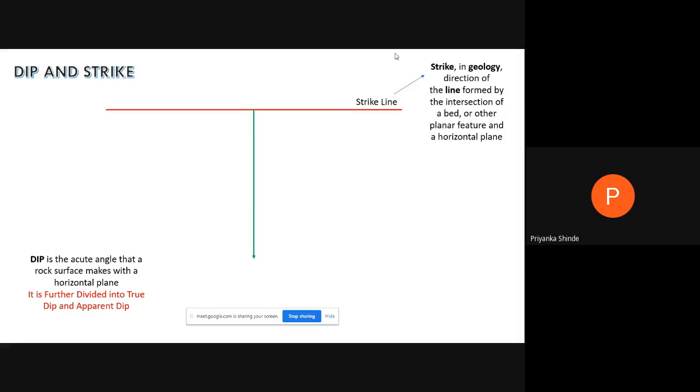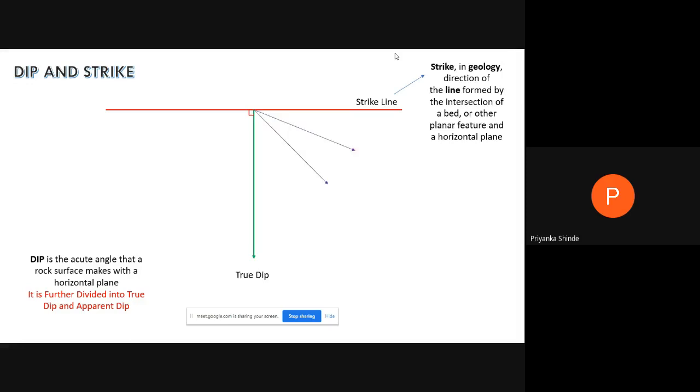The dip that is 90 degrees to the strike, or perpendicular to the strike, is called the true dip, which is always 90 degrees with the strike line. That direction which is 90 degrees to the strike is called the true dip direction.